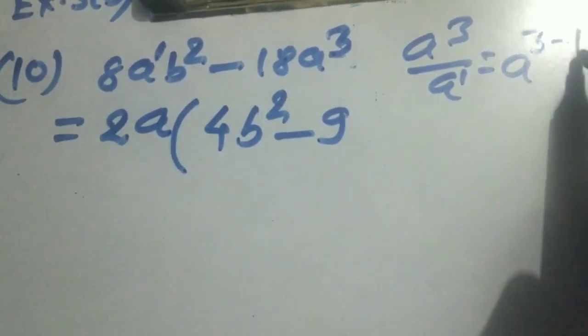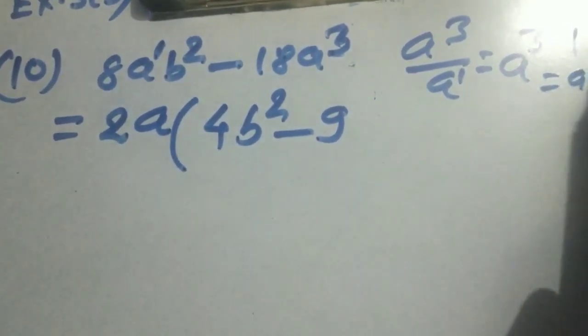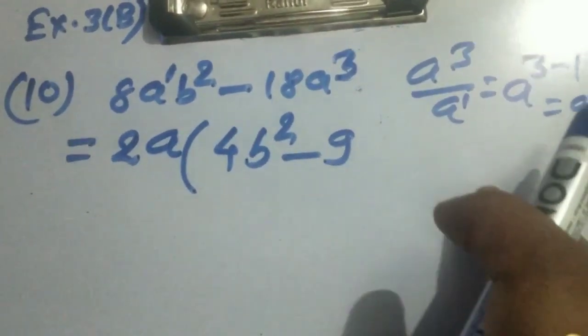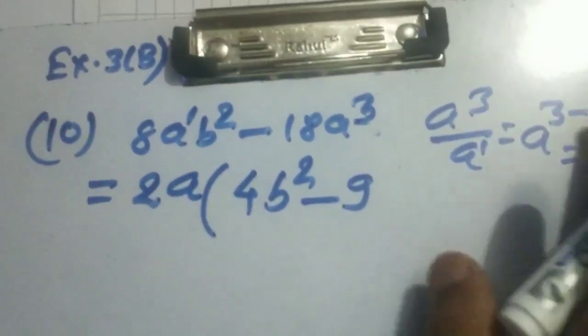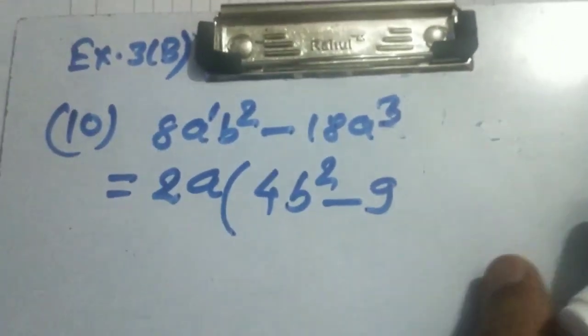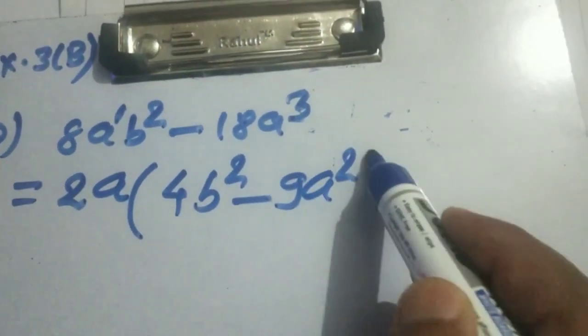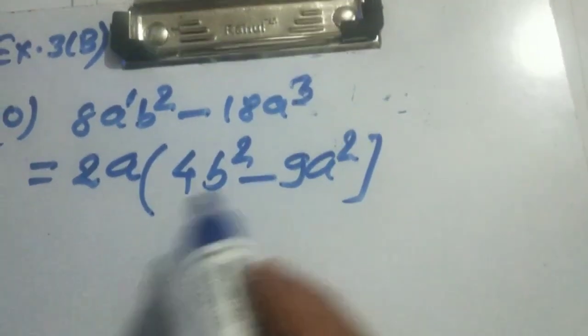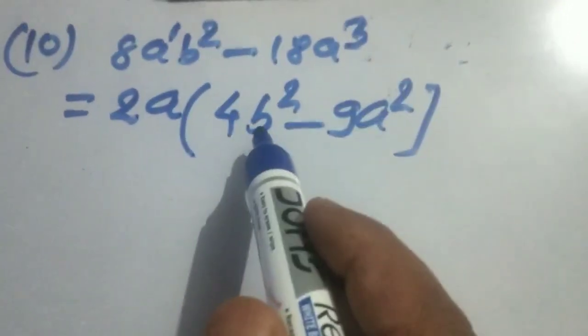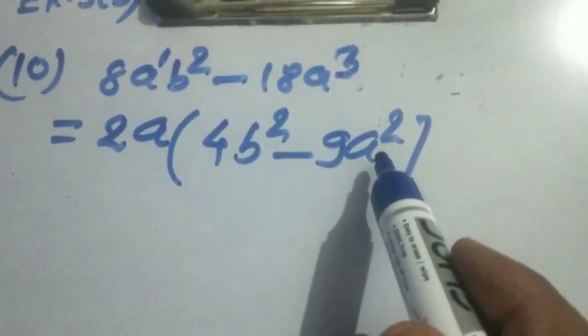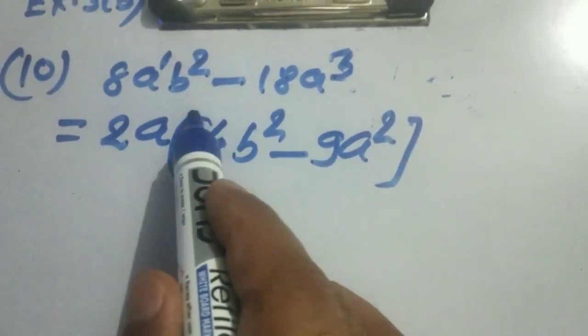So 3 minus 1 will be equal to a raised to the power 2. So a power 2 and 9 will be left. So you have to write 4b square minus 9a square in the bracket.